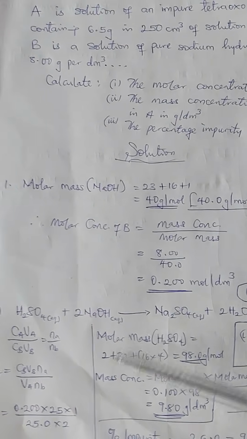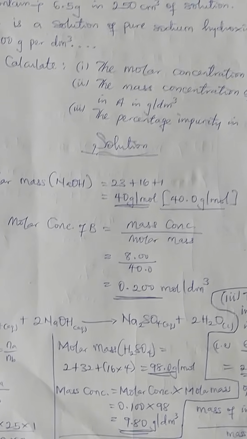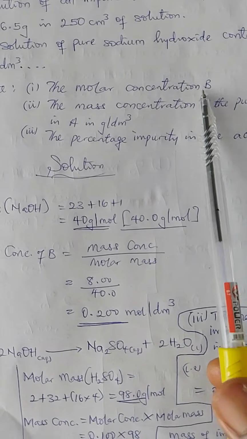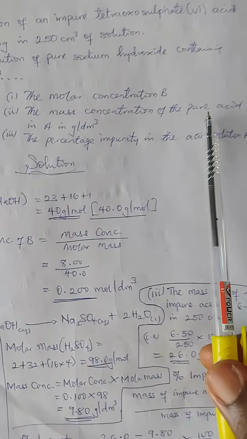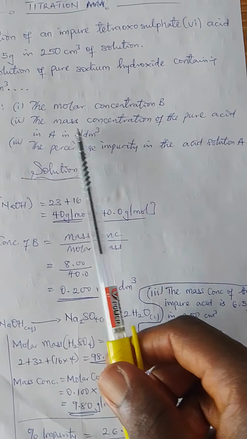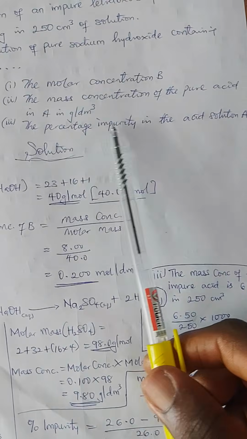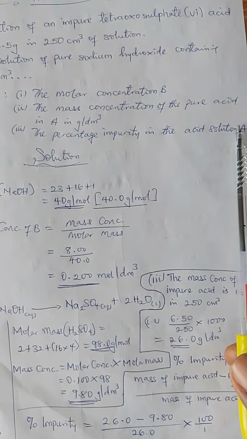The questions come down to: calculate one, the molar concentration of B; two, the mass concentration of the pure acid in A in gram per dm³; and the third question is the percentage impurity in the acid solution of A.